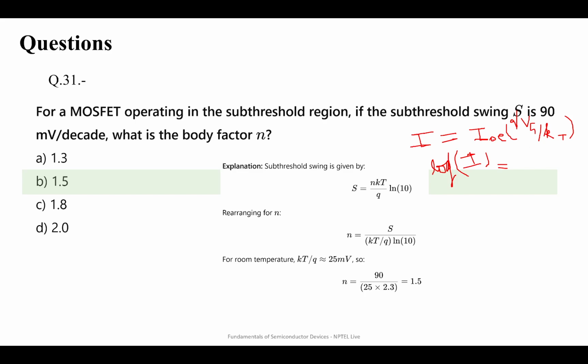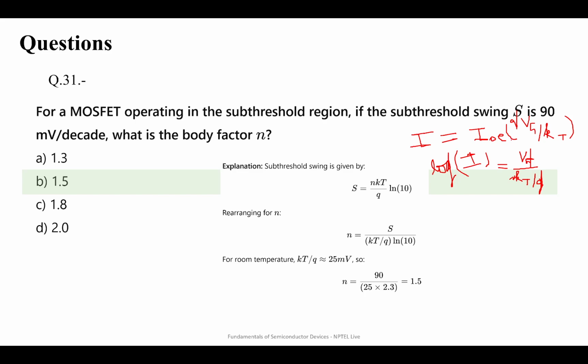I will ignore log of I naught for now, and this would be q into Vg by kt. This is log in base e, but this is log in terms of base 10.